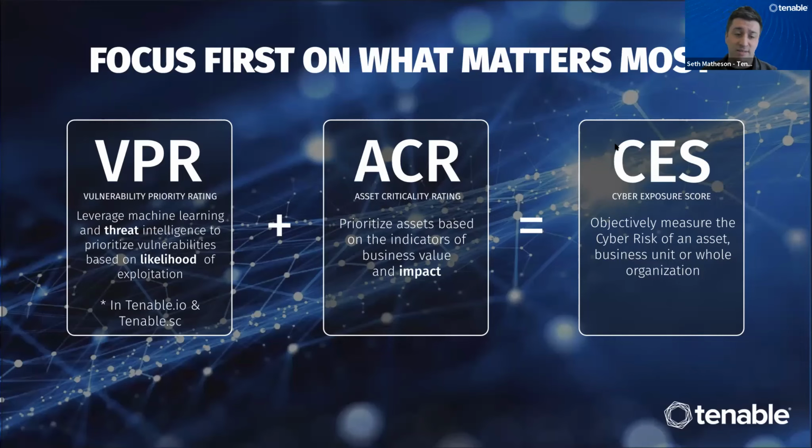We combine this data with the criticality of the asset. So how critical is this asset to your business function? So it's not necessarily, how important is it to this individual internal team, but from a business perspective, from a continuity perspective, how important is this system? When you combine those two data sets, you have the most important vulnerabilities plus the most important assets. Now you have a very targeted list of things that you can address.